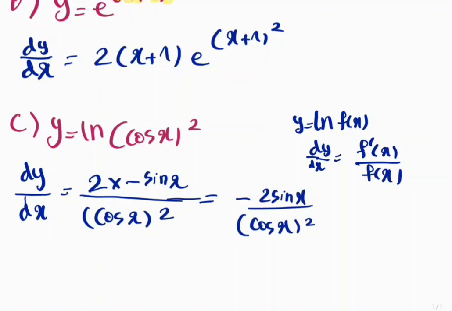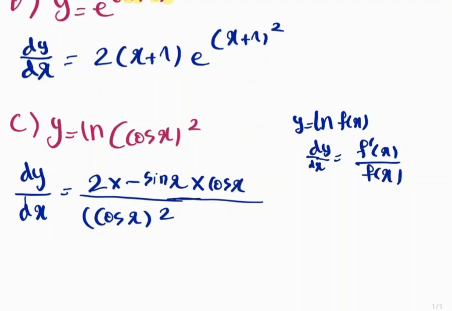Again, I forgot to include the cos term, so let's just go back. What happens here is that 2 comes down, and then we will have cos x, and now the derivative of the inside, which is minus sin x.